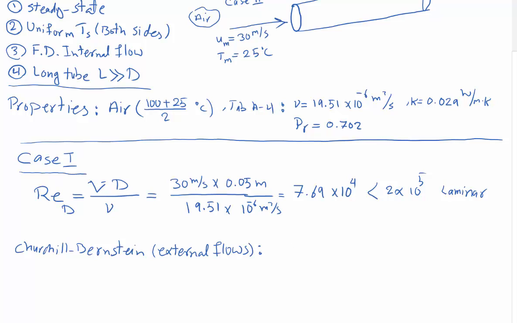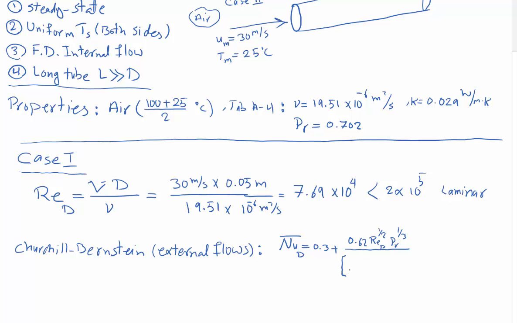We know that the relation gives us the average Nusselt number, and it's a pretty long equation. 0.3 plus 0.62 times Reynolds number raised to the power of 1/2, Prandtl number raised to 1/3.